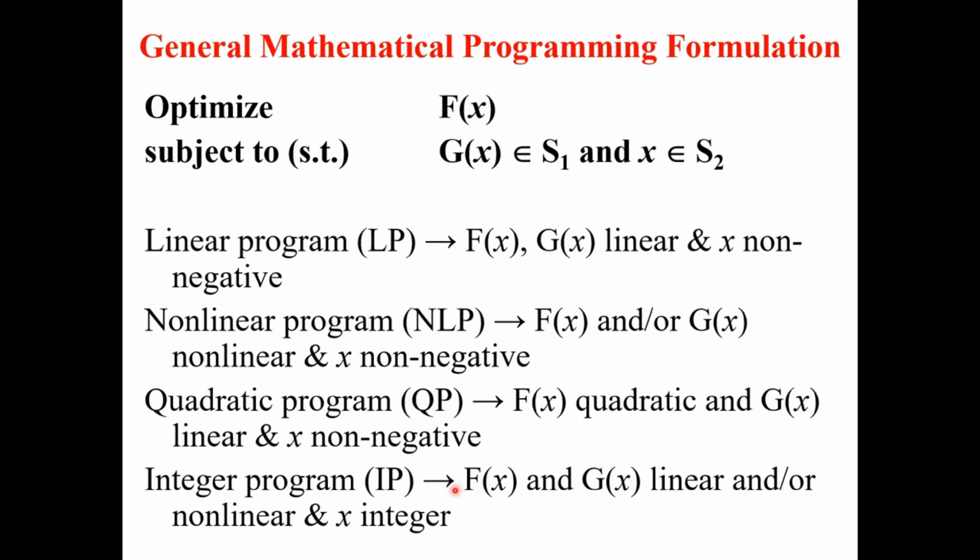And then we have integer programming, where the solution set x takes on integer values. It can be either 0 or 1, or it could be that x takes on values 1, 2, 3, etc. And that's what we find when we have non-continuous but rather discrete problems.